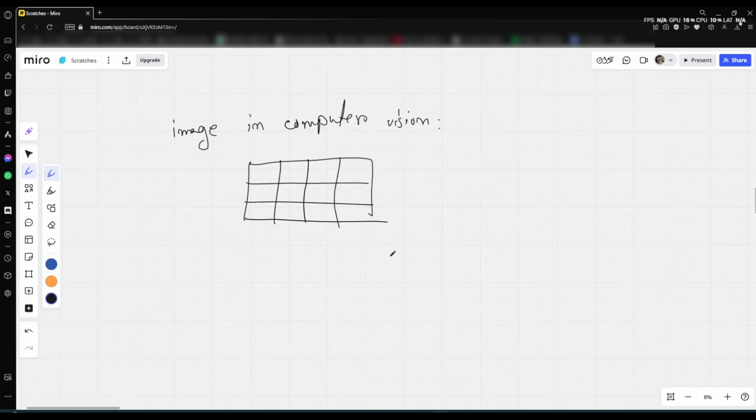And if you're not familiar with grayscale, we have a range of 0, which is black, to white, which is 255, if I'm not wrong. So this is the grayscale, and an image is composed of different numbers.